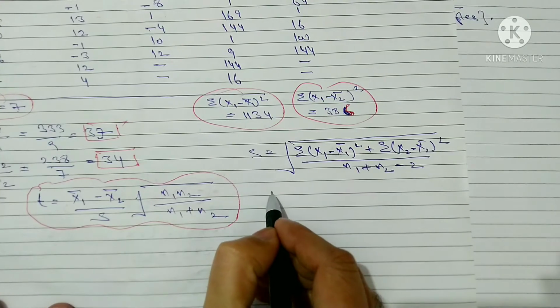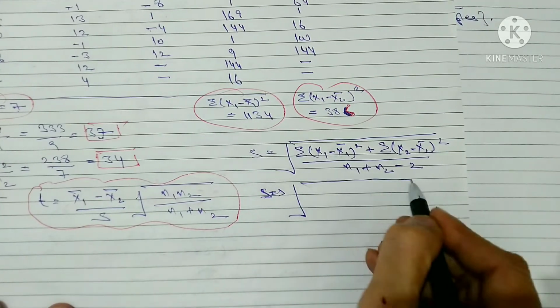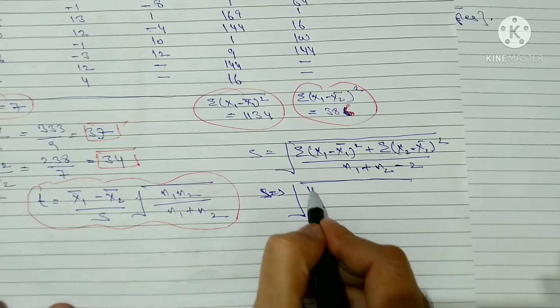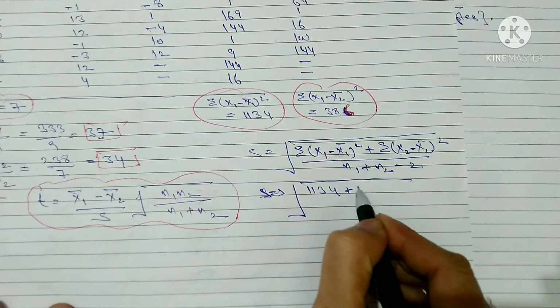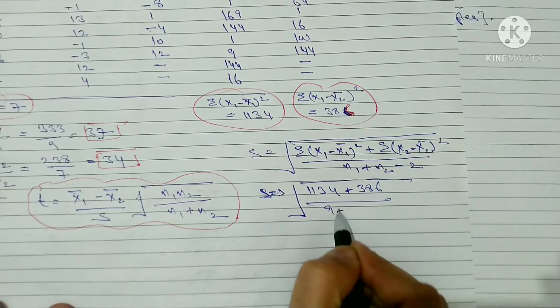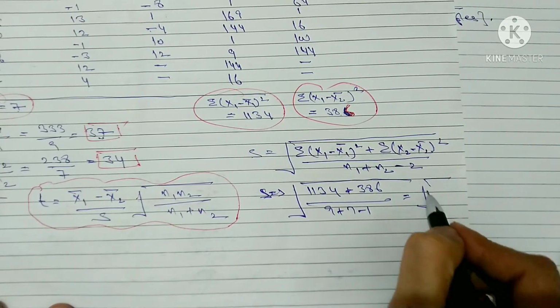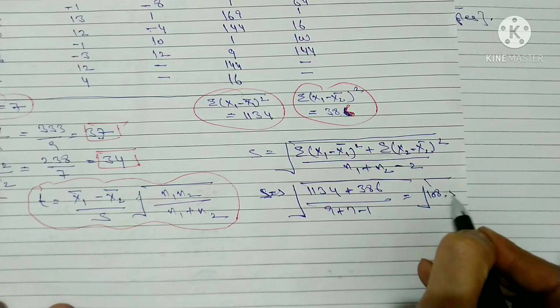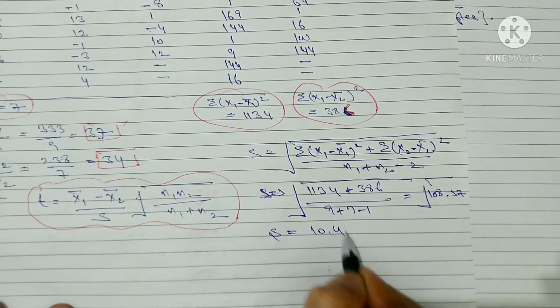Which implies s squared equals 1134 plus 386 divided by 9 plus 7 minus 2, which equals 108.57. Therefore s equals 10.42.